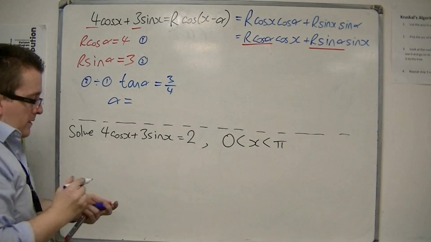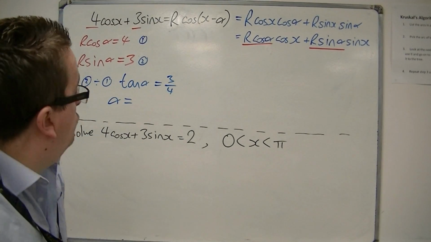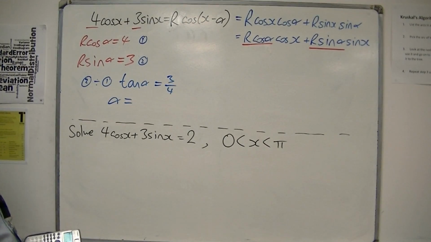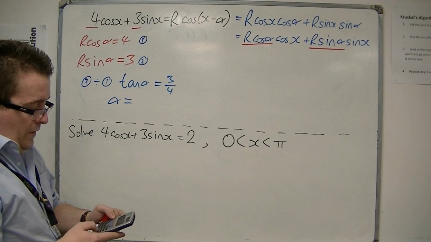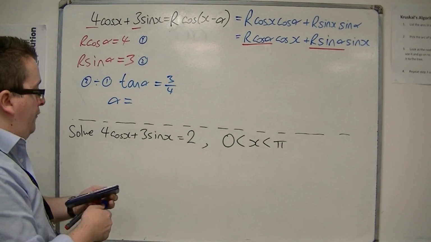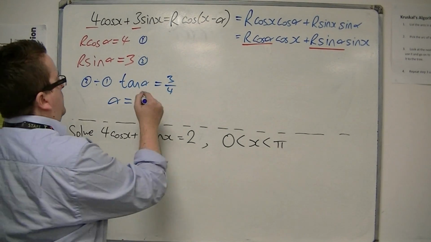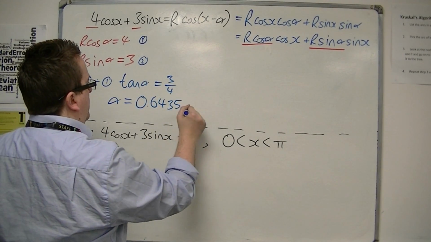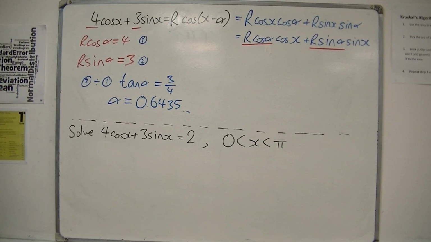So alpha, making sure my calculator is in radians, because in this next bit I'll be working in radians. So inverse tan of 3/4 is 0.6435, and so on.